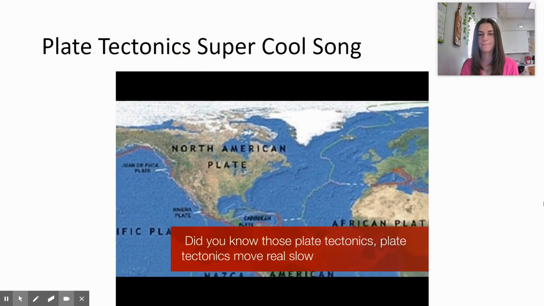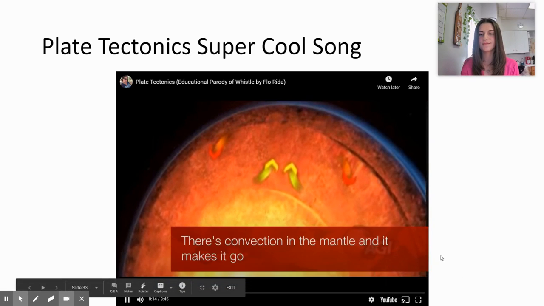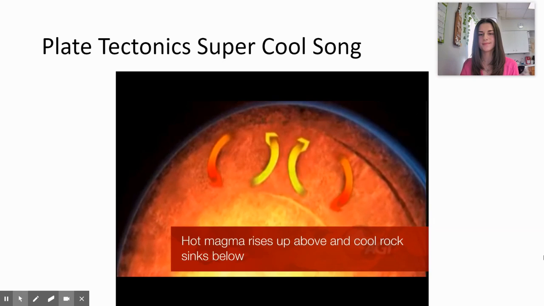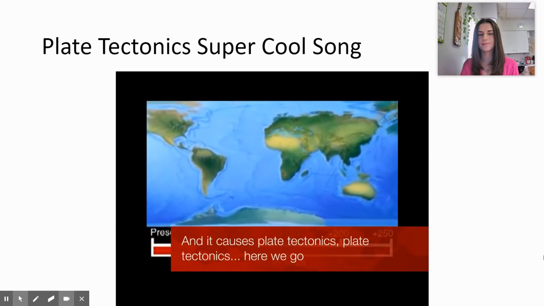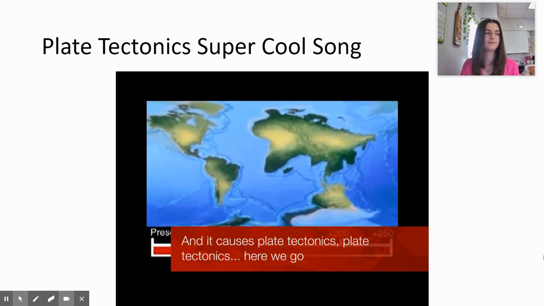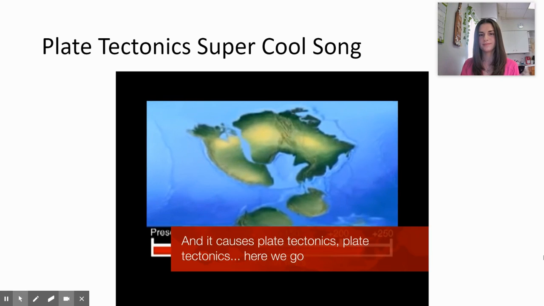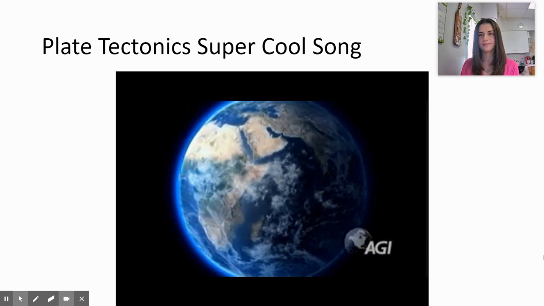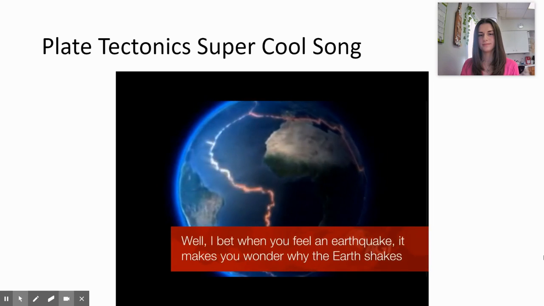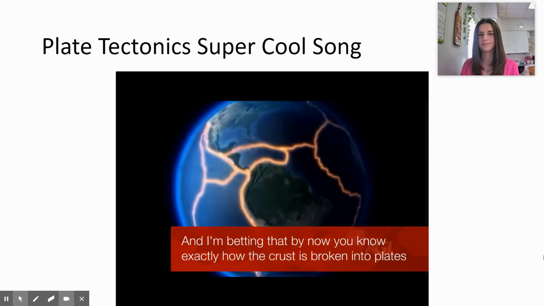Did you know those plate tectonics move real slow? There's convection in the mantle and it makes it go. Hot magma rises up above and cool rock sinks below, and it causes plate tectonics. Well, I bet when you feel an earthquake, it makes you wonder why the earth shakes. And I'm betting that by now you know exactly how the crust is broken into plates.